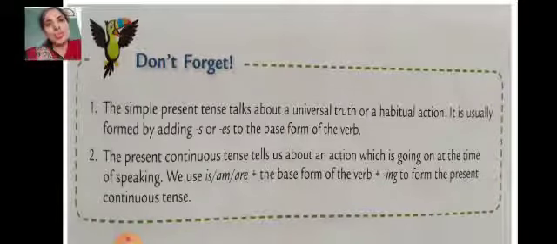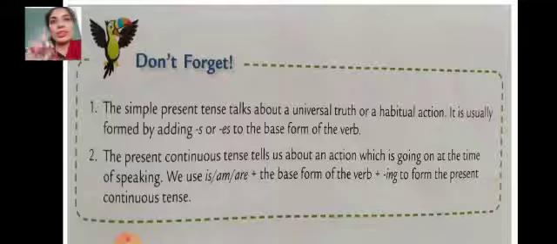These are habitual actions which you have a habit to do regularly, correct? And universal truths means the things, the actions which are true. It is usually formed by adding S or ES to the base form of the verb.